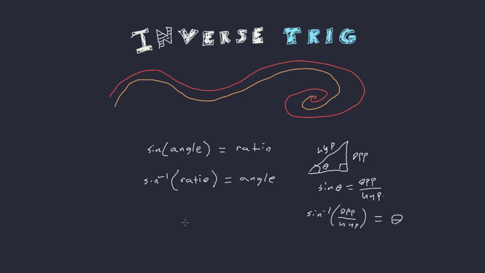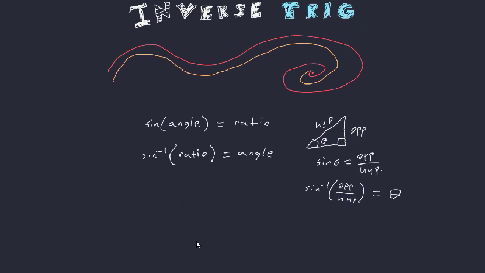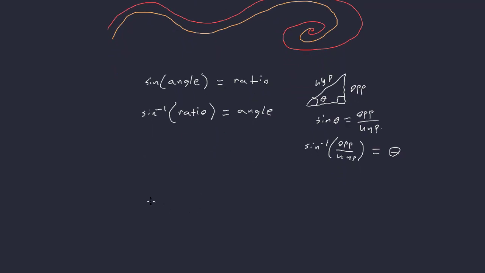Now there are some things to keep in mind as far as restrictions on the inverse function. For sine inverse, we give it a ratio, it gives us a theta, but that theta can only be between negative pi over 2 and pi over 2.